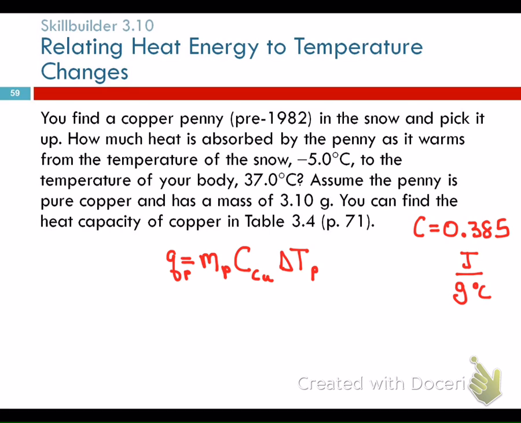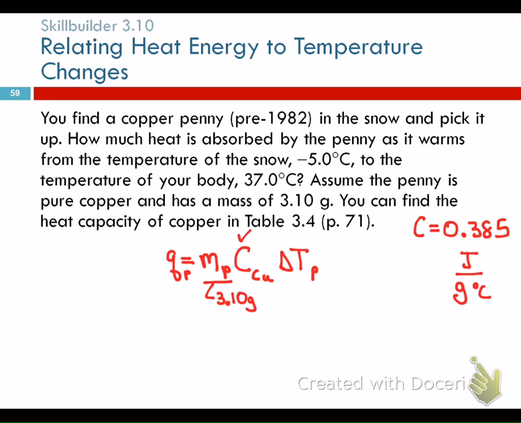So now let's identify all our variables. This is the process that I want you to go through. I read, I looked at the thing that I need, and now, because we have an equation, we're going to identify all the variables. So I need the mass of the penny. What's the mass of the penny? 3.10 grams. The C for the copper I have, that's written over on the right side. I looked that up already. Now what's delta T?